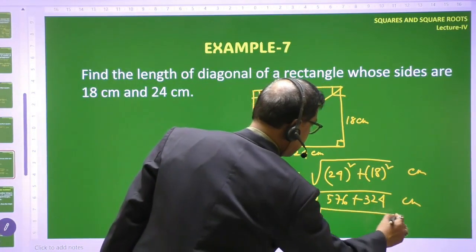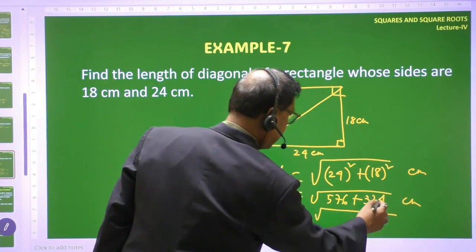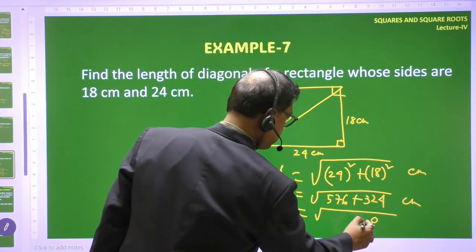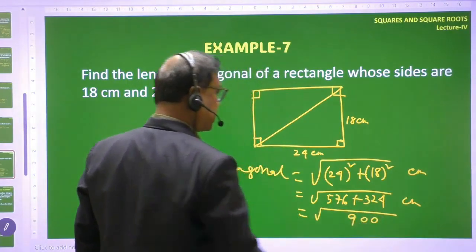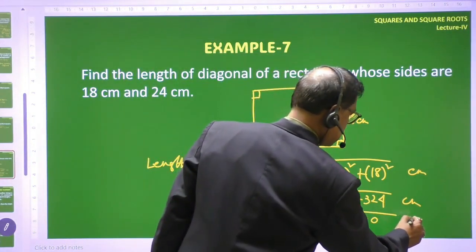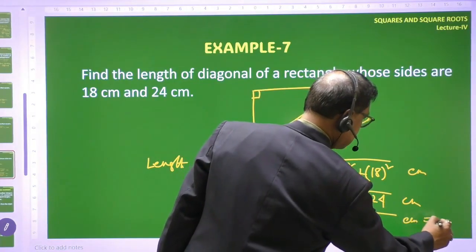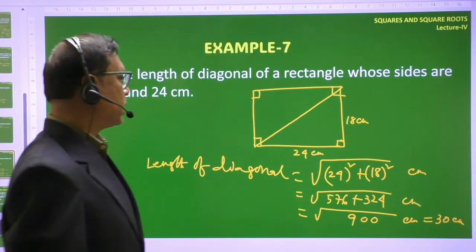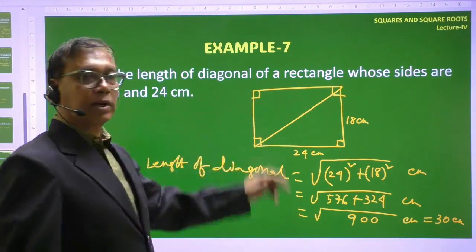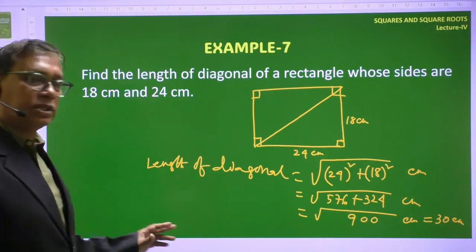So how much adding? 10, 3, 7, 10, 1 and 9. So 900, square root of 900 centimeter, that equals 30 centimeter. Yes or no? So the length of the diagonal is 30 centimeter. I think this part is clear.